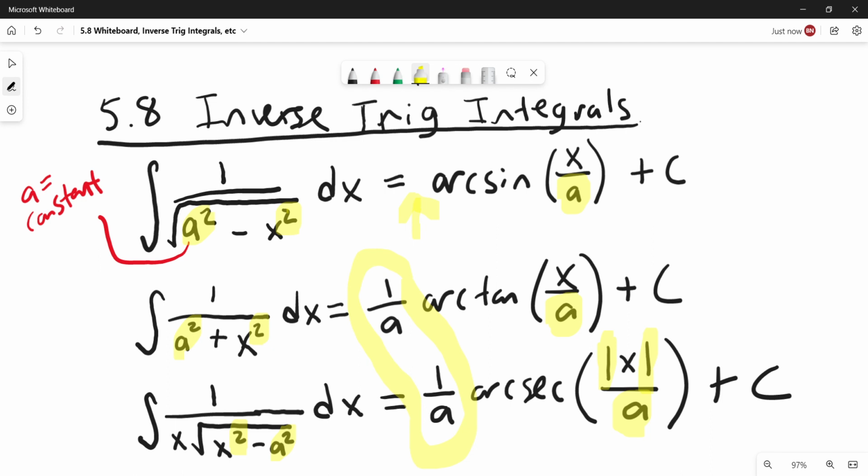That means your u would be 2x, which means you're looking for a u prime of 2 in the numerator, or you might have to force it. Whatever your inside function is going to be, that's where we're looking for it here. So this is where your inside function goes. Same thing here.